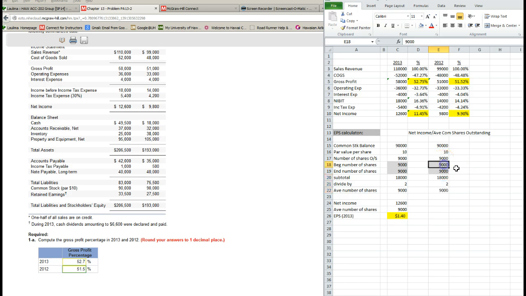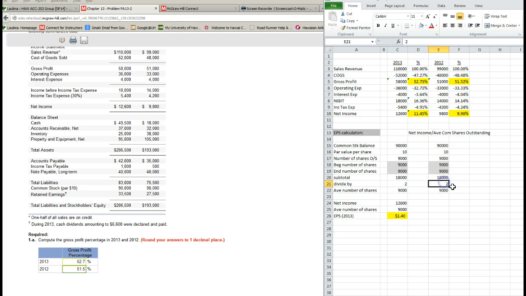So bottom line here is that we're going to say that the beginning number of shares outstanding for 2012, which would have been at January 1, 2012, is 9,000, and we have already calculated that the number of shares outstanding at the end of 2012 is 9,000, and so the subtotal is again 18,000.